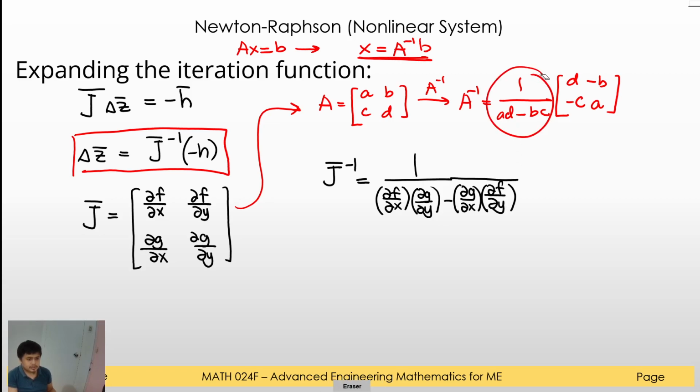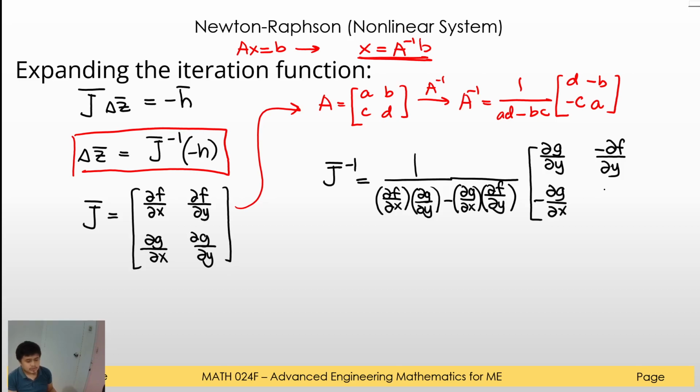So we're done with the first portion, and then for the matrix, we have d here, so this will be the partial derivative of g with respect to y, and then the negative partial derivative of f with respect to y, and then the negative partial derivative of g with respect to x, and del f over del x. We can call the partial derivatives del. So that will be the inverse of your matrix.